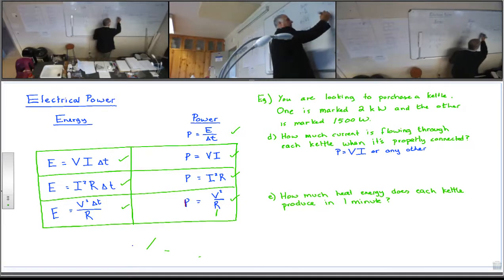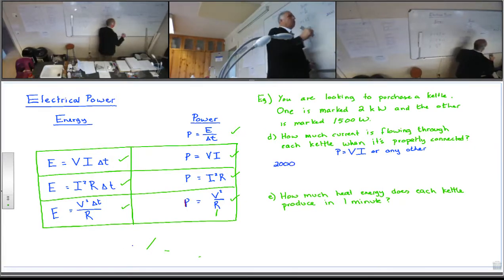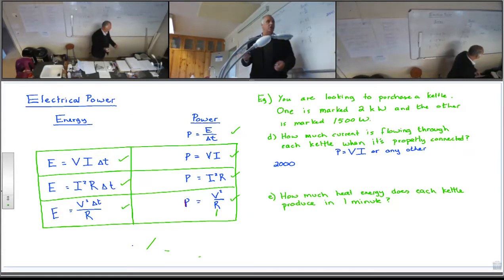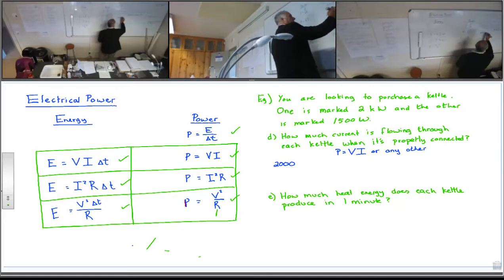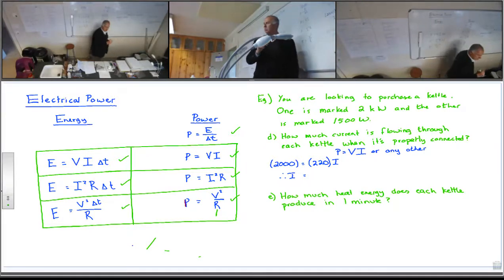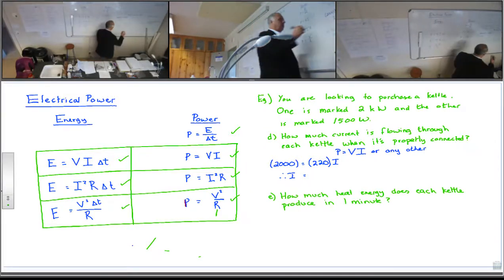We know that the power of the one is 2000, and remember, do I work with 2 kilowatts? You always work with watts, that's the SI unit, okay? 220 is your voltage times I, therefore I equals, what is it? Give me an answer, please. 9.09.